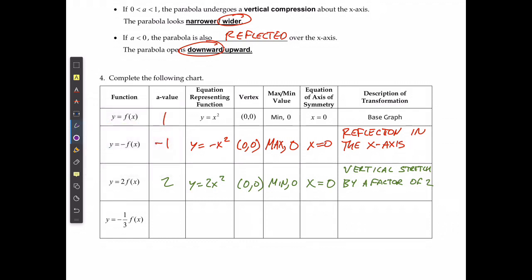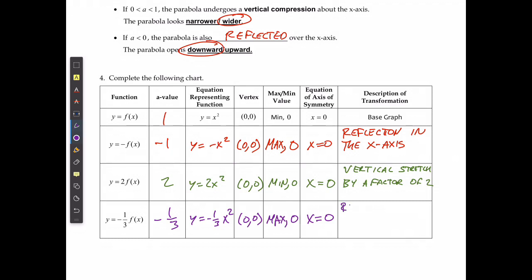In the last case, if my a value is negative 1/3, then this would be y = -1/3 x squared. My vertex stays the same. Because it's negative, my minimum becomes a maximum of 0. Axis of symmetry is at x = 0. And I would say first that this actually has two transformations.